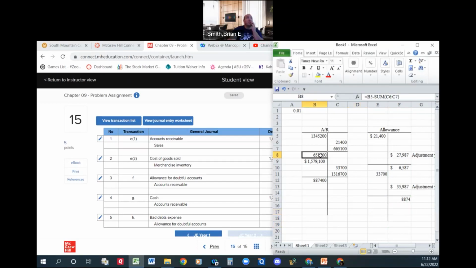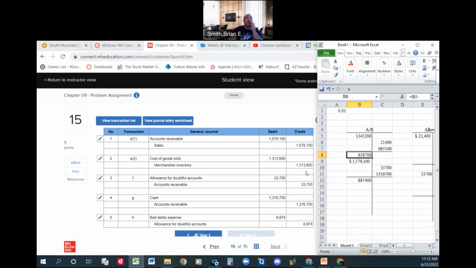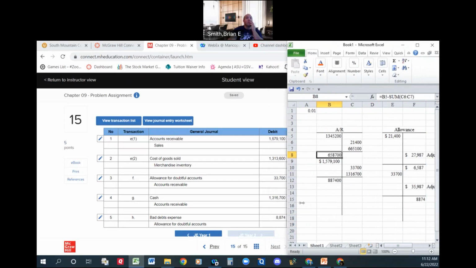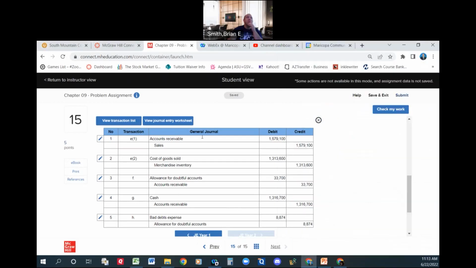Accounts receivable. We have our beginning. I may have typed in a number wrong or something, even though all those showed right. Oh, it's because I put in 8,874. It should have been 35,987. You guys are probably screaming at your computer right now.